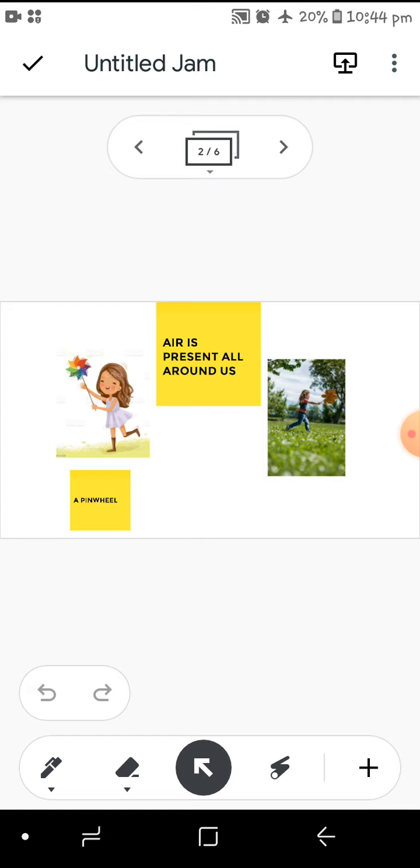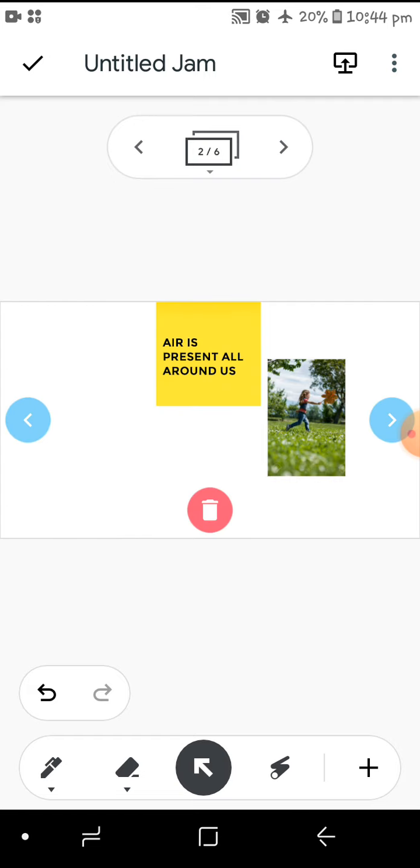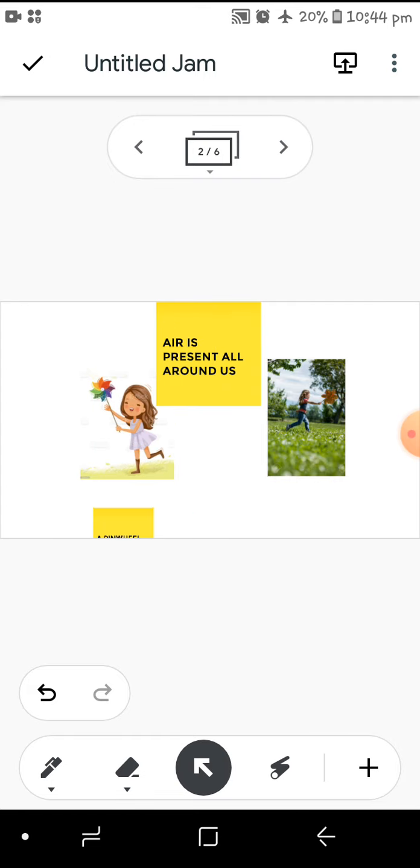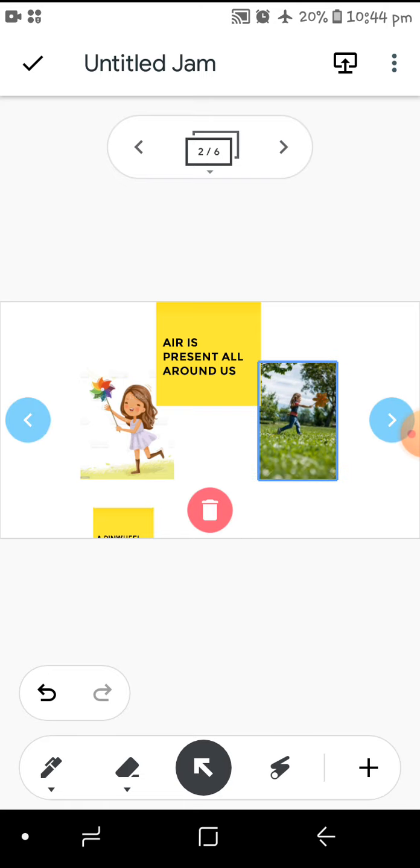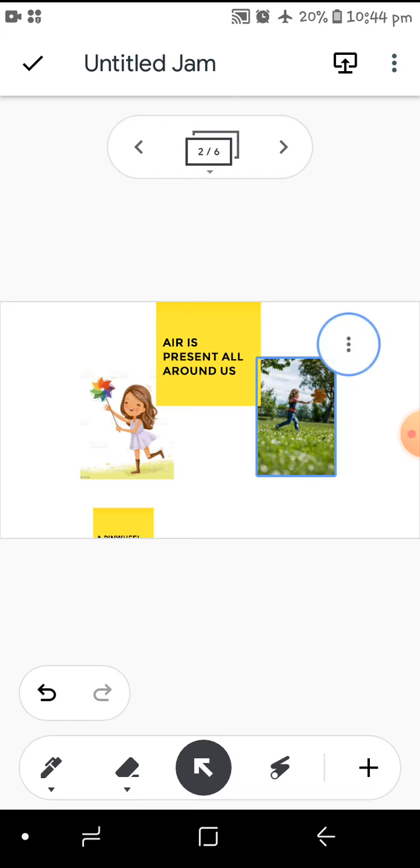You know what a pinwheel is? See, this is a pinwheel. You must have played with it when you were smaller. You take a pinwheel, hold the stick and run in different directions. You can see that when you run forward or backward, the blades of the pinwheel start rotating.